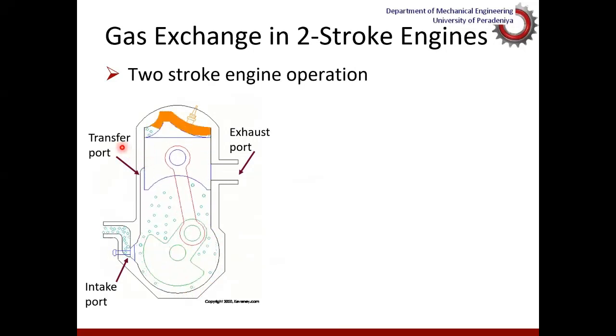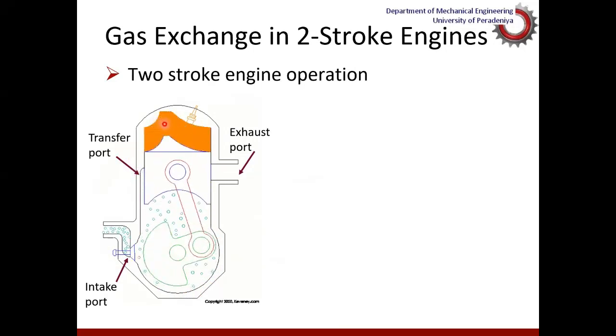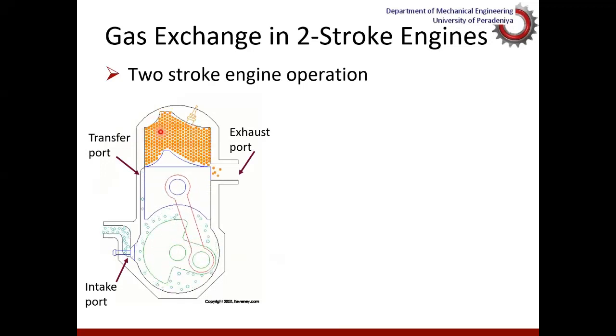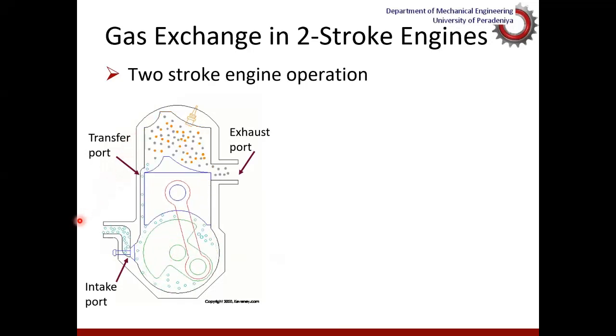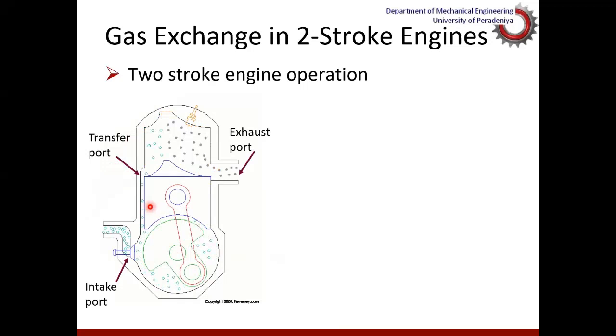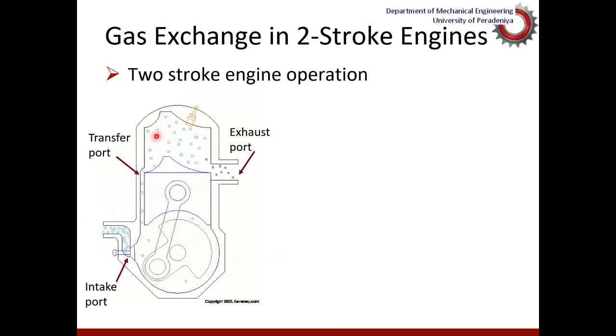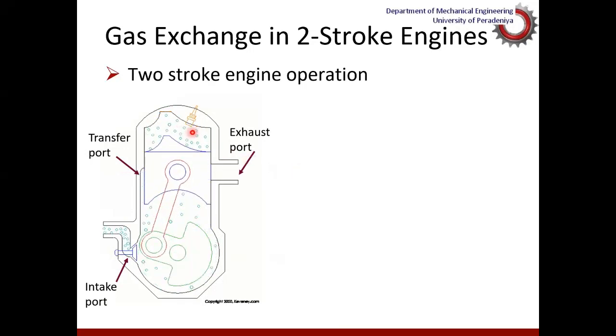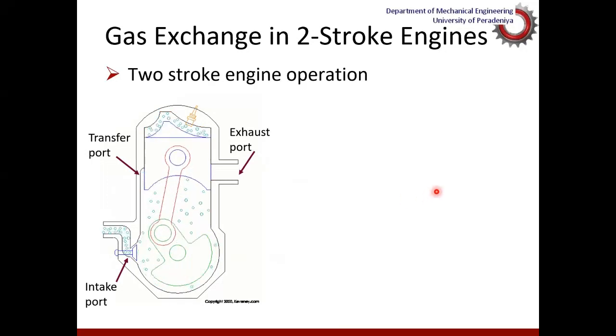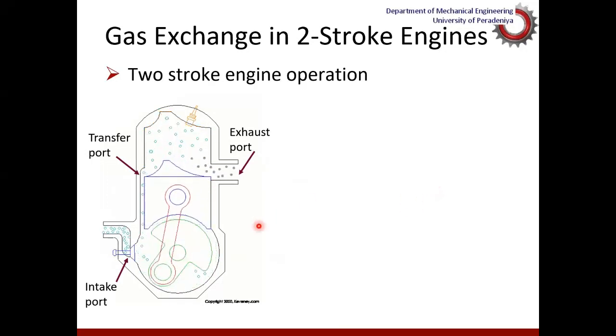There's a specific wedge shape made on the piston crown, which enables pushing the intake air towards the exhaust and makes sure the exhaust or burnt gases go out of the exhaust port.